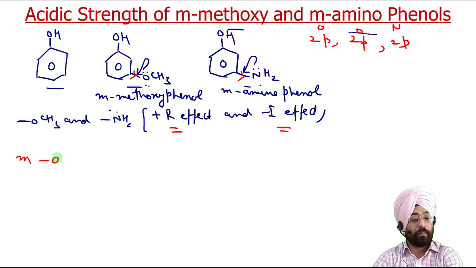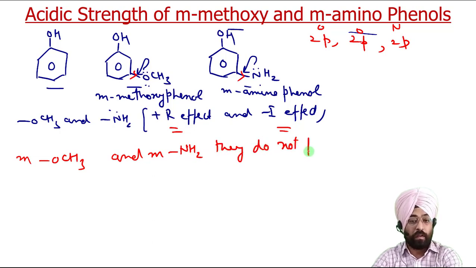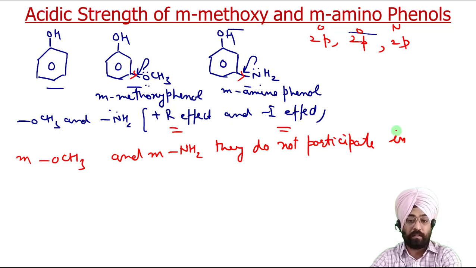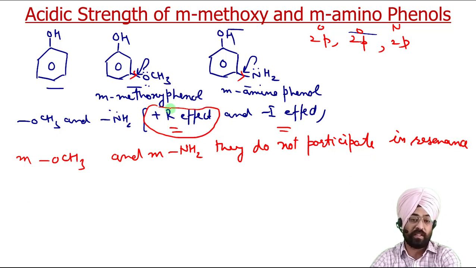So meta methoxy and meta amino do not participate in resonance when they are at the meta position. So this plus R effect has no role in their acidic strength, and their acidic strength will be based upon their inductive effect. Now these have a minus I effect because oxygen and nitrogen are more electronegative than carbon, so they will attract the electrons towards themselves.